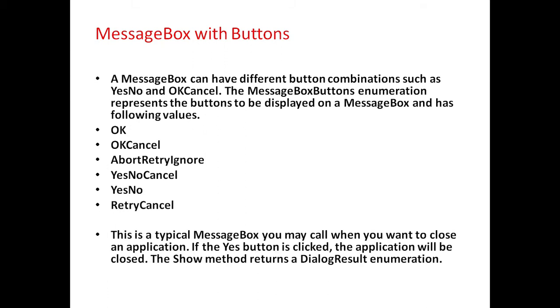This is a typical message box you may call when you want to close an application. If the Yes button is clicked, the application will be closed. The Show method returns a DialogResult, that is, which button is pressed.